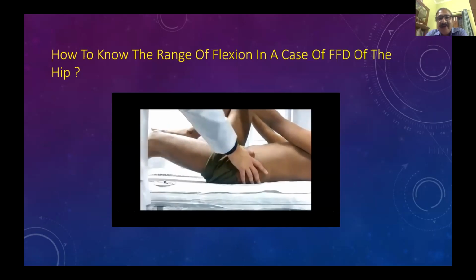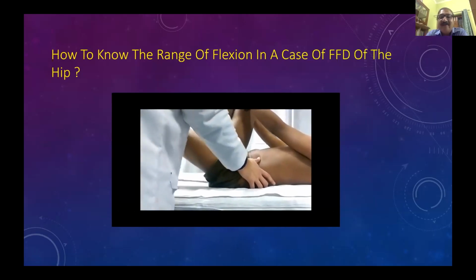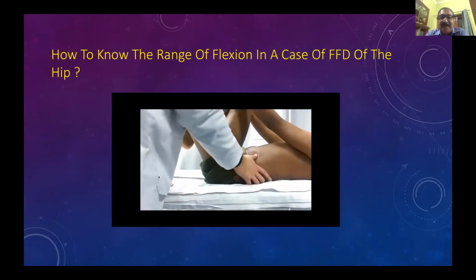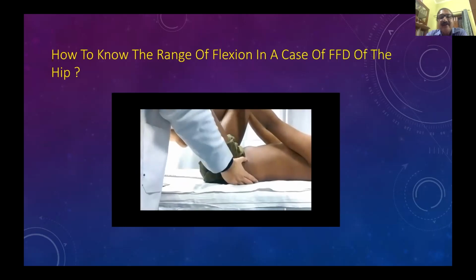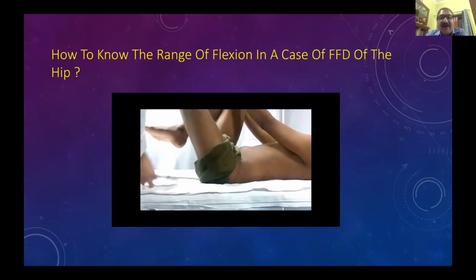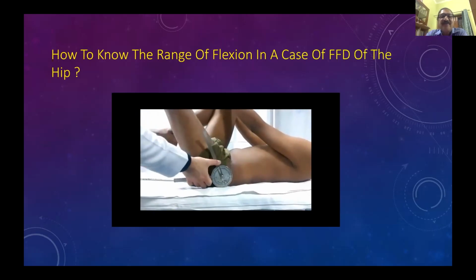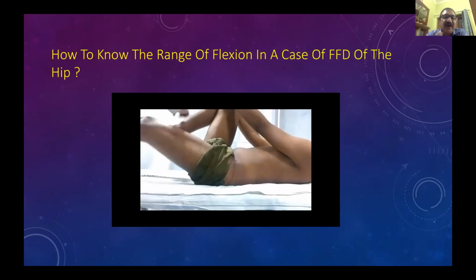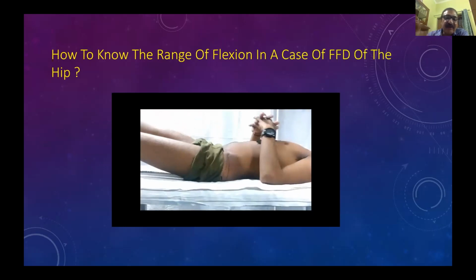Then with one hand holding the lower thigh, one can flex the hip further, while with the other hand one feels any movements of the pelvis. Once the pelvis starts moving, that is the point till which the flexion is present. Like in this patient, who had a fixed flexion deformity of 60 degrees or so, further flexion is possible till about 80-85 degrees. So he has a free range of about 20 to 25 degrees of flexion after the fixed flexion deformity.